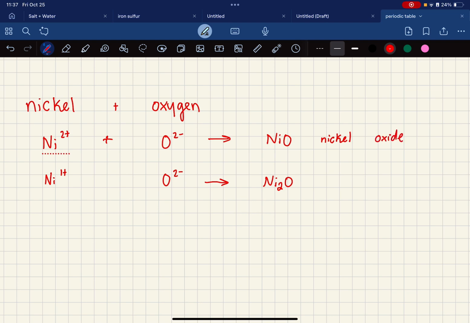So if you wrote the same name twice, nickel oxide, for both of them, I want you to consider that these are two compounds that have different formulas. At the atomic level, they would look quite different from each other, so they probably shouldn't have exactly the same name. Can you try to guess how the names might be different from each other?